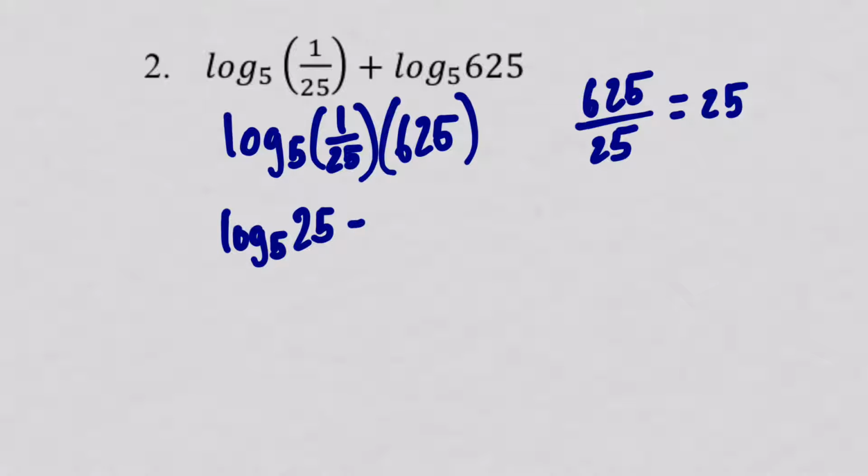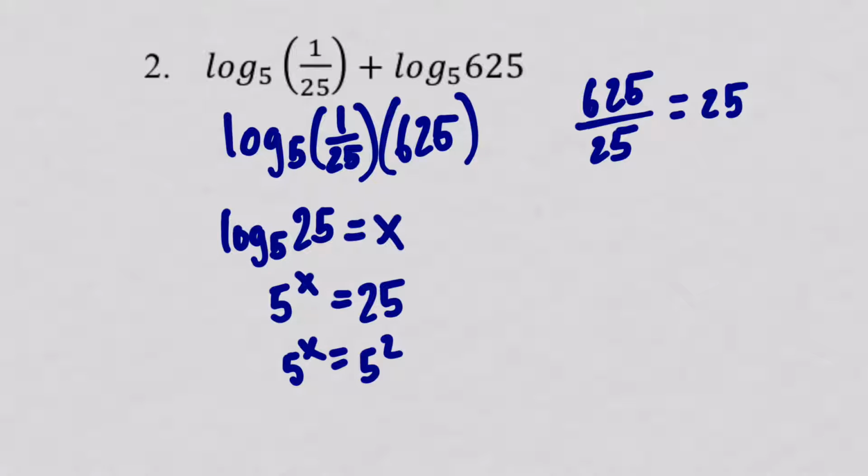I'm going to choose x. What I'm basically saying at this point is I don't know what this is, so I'm going to call it x. It's equal to x. And then once I have an equation, I can change it to exponential form. What does it look like in exponential form? 5 to the power of x equals 25. And 25 is 5 squared. Therefore, x equals 2. And we're done.